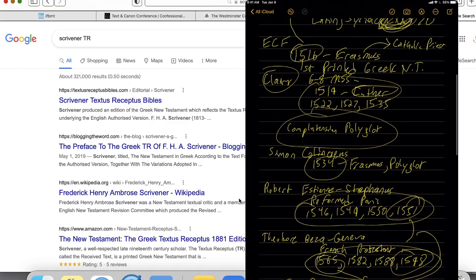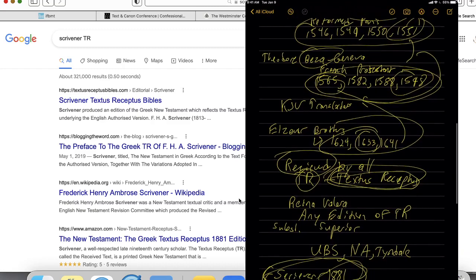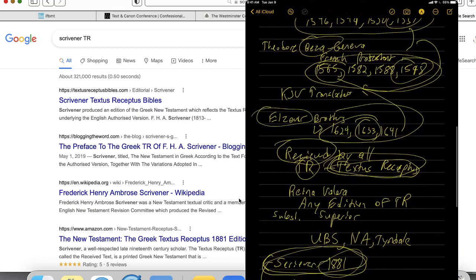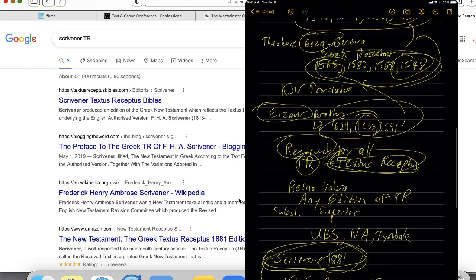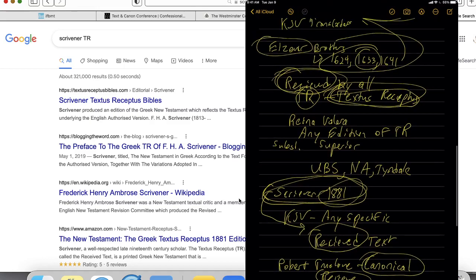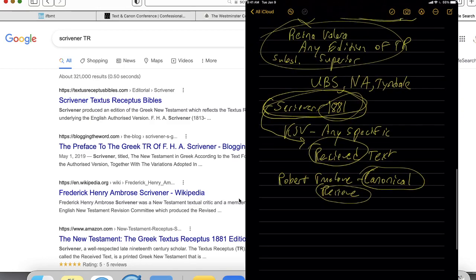But you've got to remember that Erasmus laid the groundwork, and that work was edited by Protestants like Stephanus and Beza, and I don't know what the Elsevier Brothers were, but then that text was received by Protestants. Hence why there were all the Protestant Bible translations that were done from it. Okay, so Robert Truelove would take it a step further.